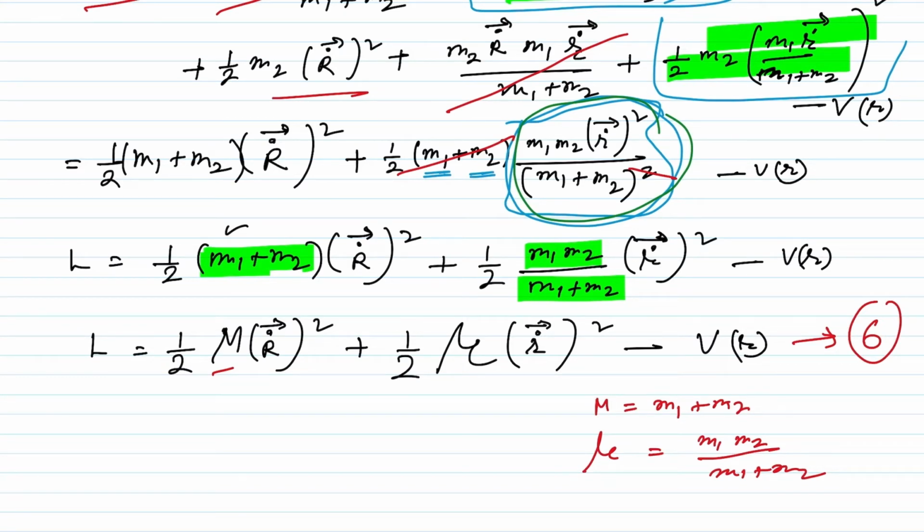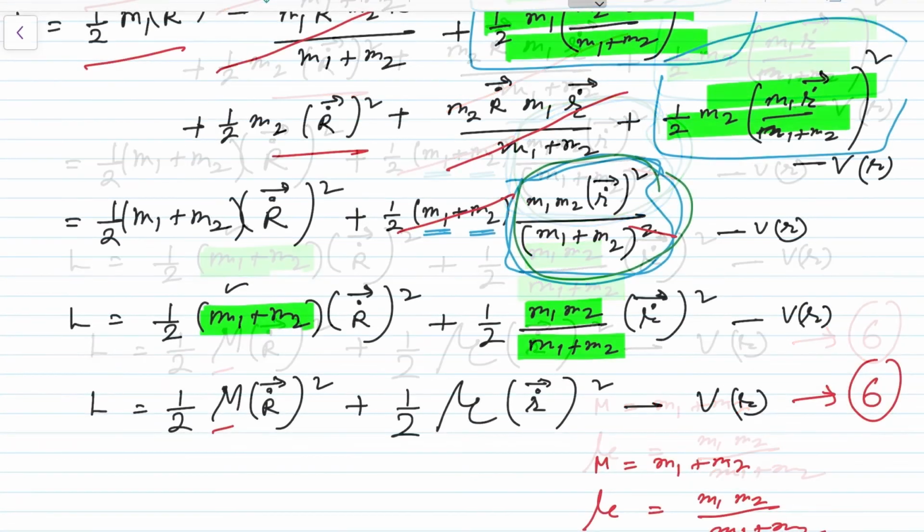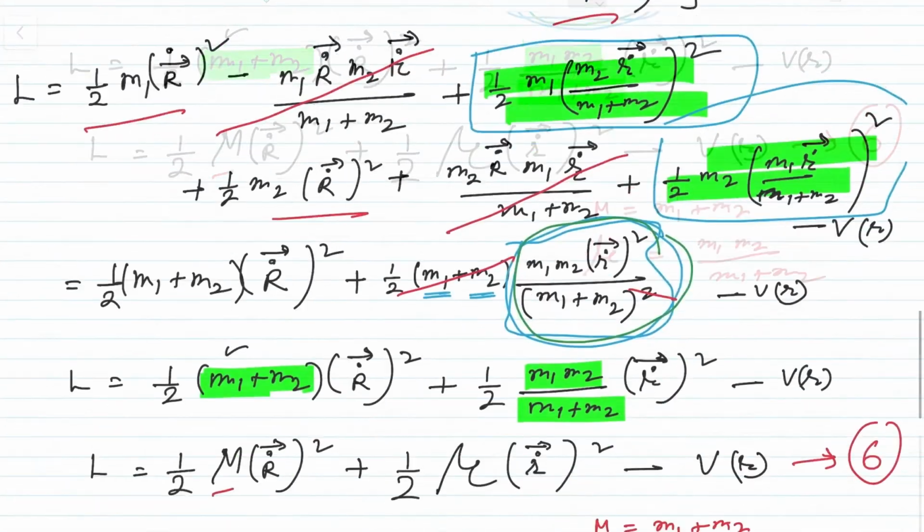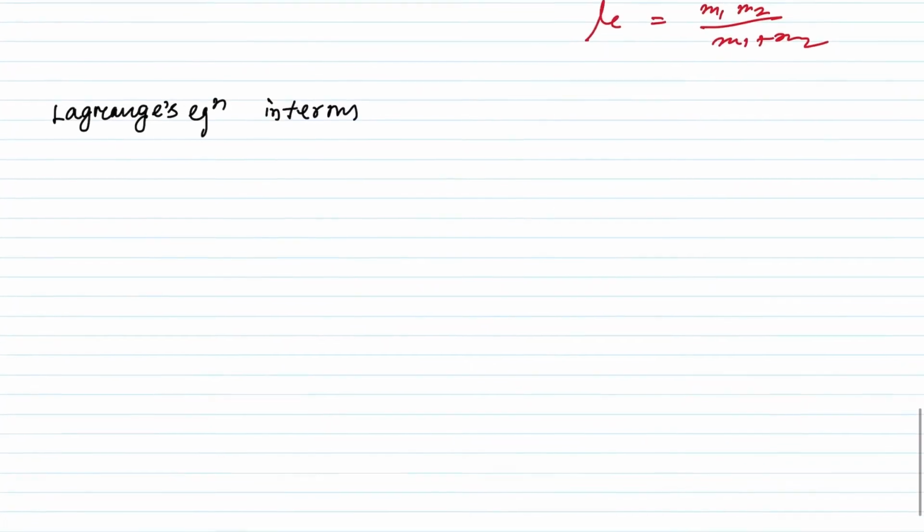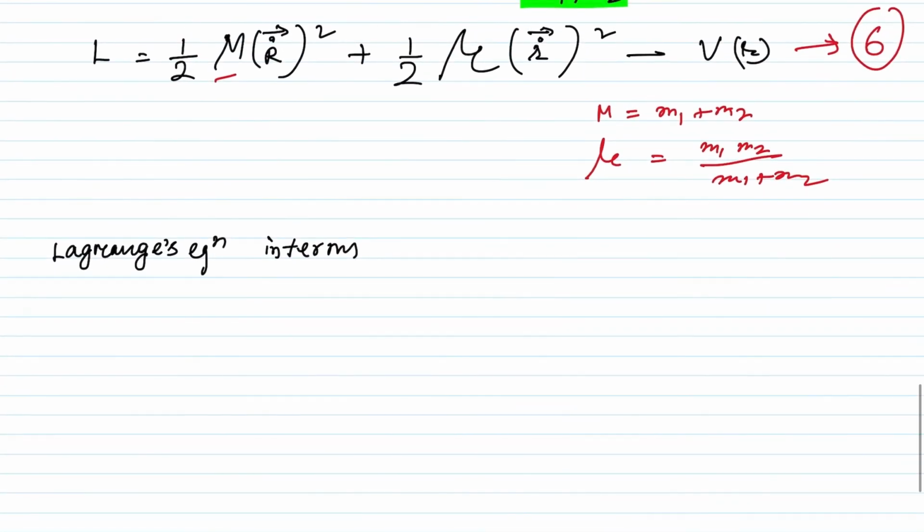Now let us apply the Lagrange equation of motion. In terms of capital R and small r, we can get two equations.